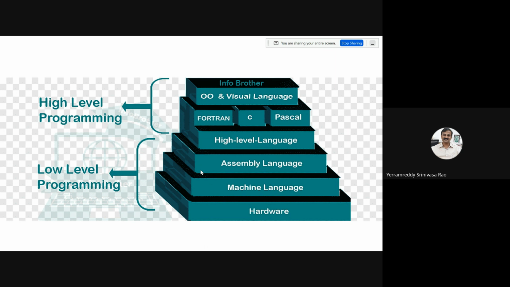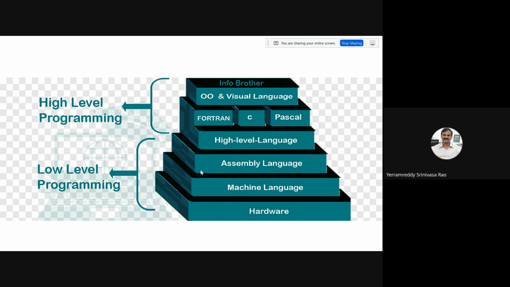Otherwise, we would have used Telugu, Hindi, Tamil, and so on. Anyhow, we are still using English as a high level language. A high level language looks like normal language, the way we speak, the same thing we write in the program. Say, do, stop, run, a normal human language. That is high level language. The languages developed as high level languages are called Fortran, C, Pascal, and like that.